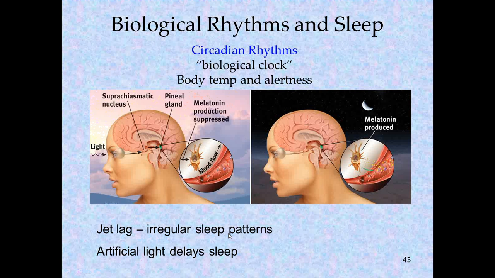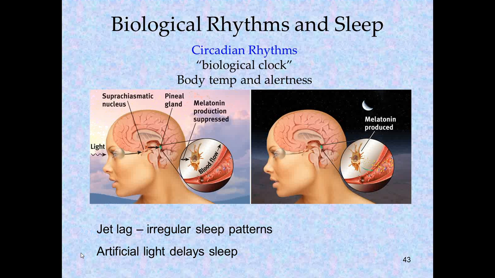And so we may find ourselves wanting to eat when it's not mealtime there, wanting to sleep or wake up at times when it's not consistent with the time zone there. Now, in fact, this process that we talked about with the suprachiasmatic nucleus is one of the things that helps adjust our circadian rhythm to our new surroundings.